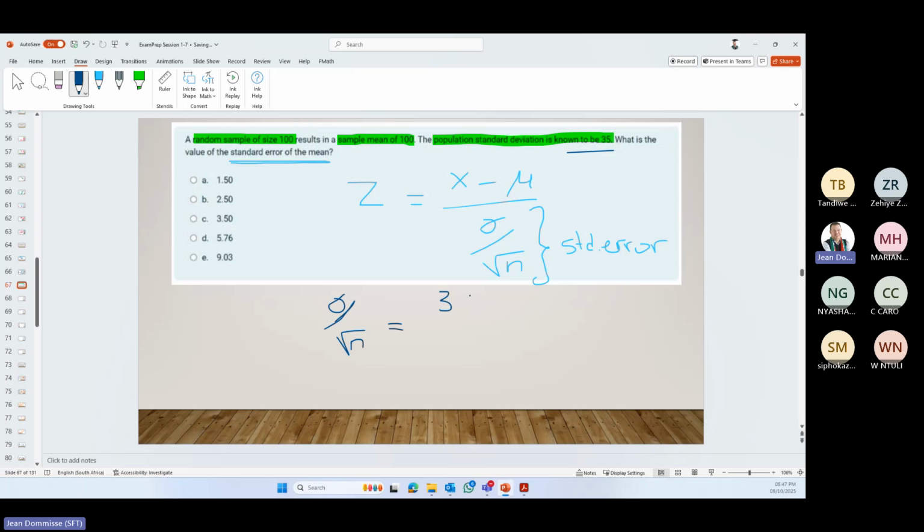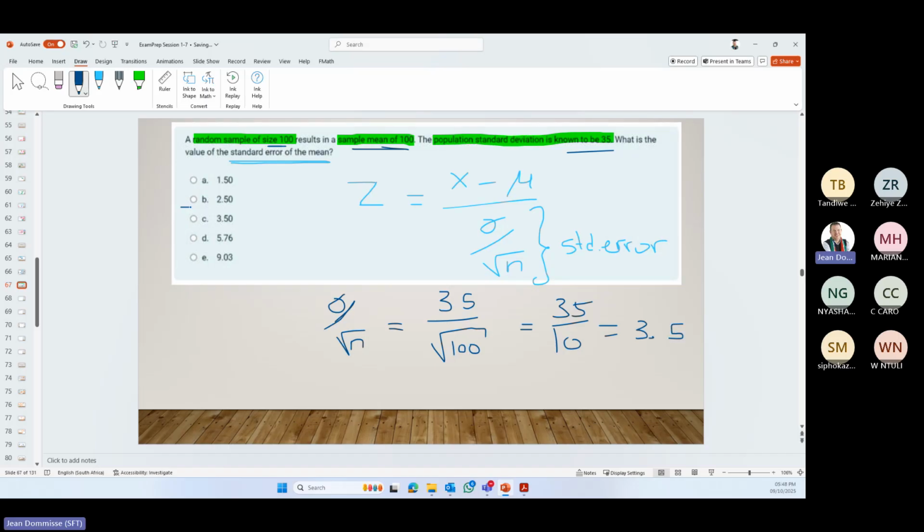It's 35 divided by the square root of your sample size, and just making sure I don't mistakenly take the sample mean. Luckily, it's the same, 100. So in this instance we've got 35 divided by 10, which will give us 3.5.